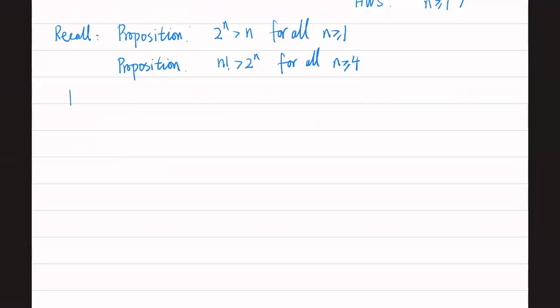Another one, slightly different. We consider the following proposition. Summation. So here, this is the summation notation.